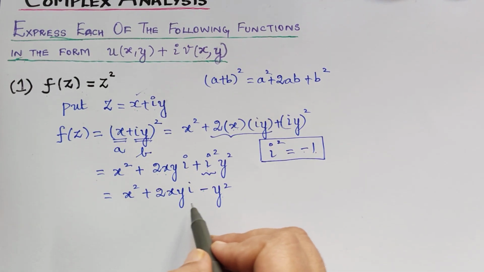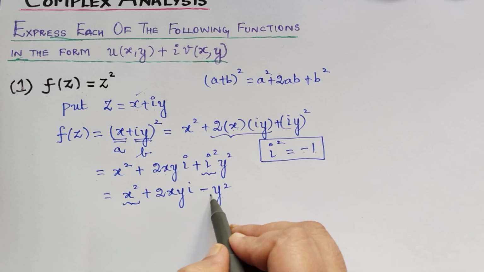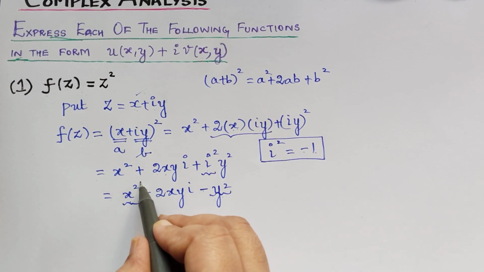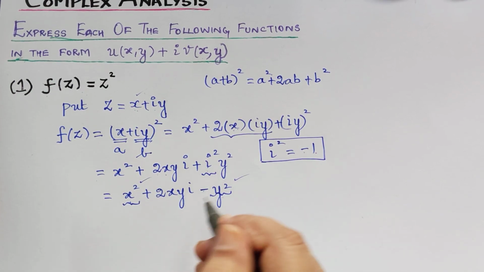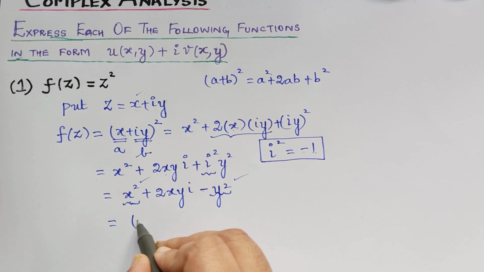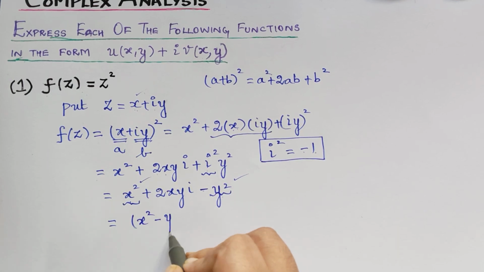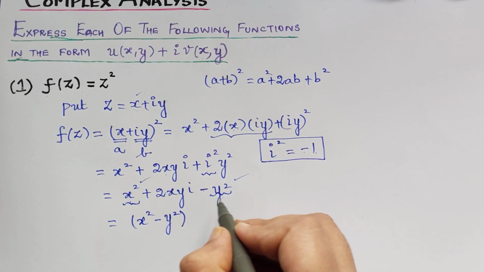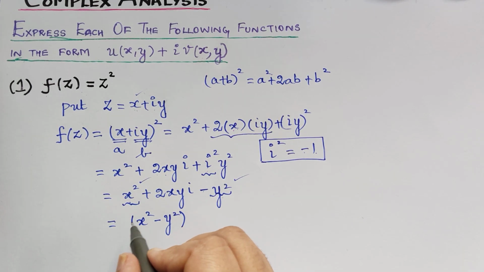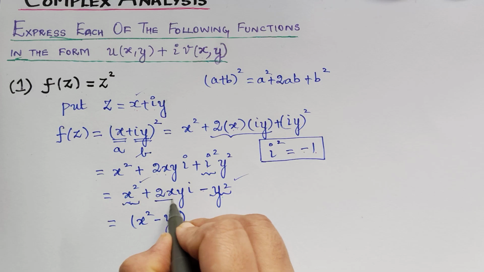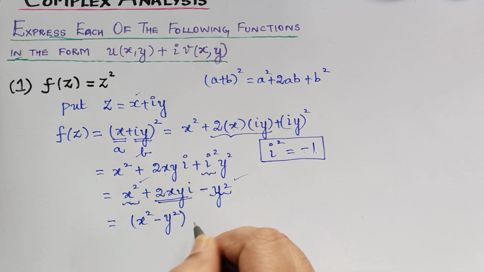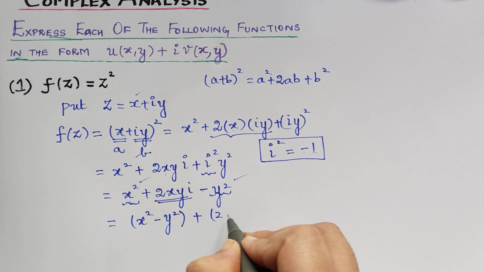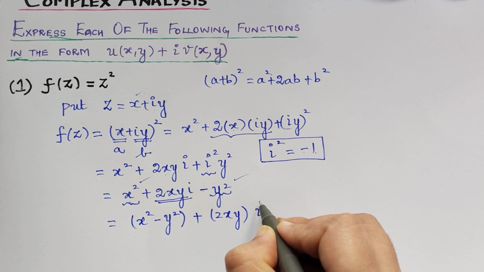Now let us combine the real parts and the imaginary parts. Now if you see, x square minus y square is the real part, because they are independent of i. Since they do not have i in them, they are the real part. Whereas this term has i in it, so the imaginary part will be 2xy multiplied with i.